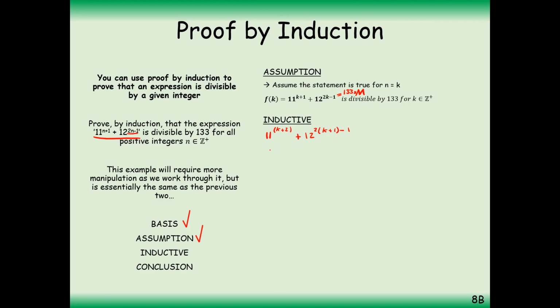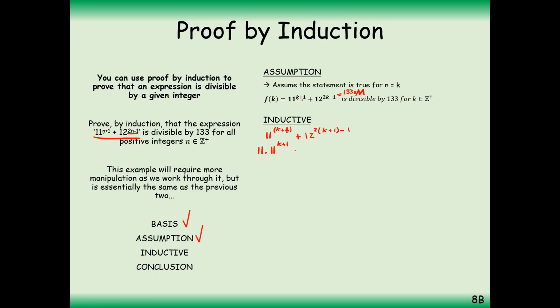So evaluating this, because I have an n in my assumption step, I have a k plus 1. So actually, I'm going to factor this 2 out and write it as 11 times 11 raised to the power of k plus 1, because that's what it means when we raise 11 to the power of k plus 2.